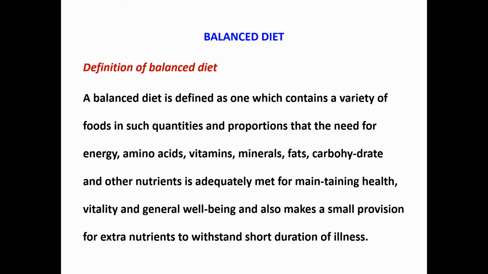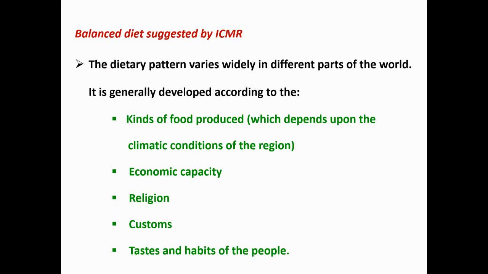With that energy we can perform all the activities adequately. It includes maintaining health, vitality and general well-being, and also makes a small provision for extra nutrients to withstand short durations of illness. So if illness happens, the diet will stand by us.